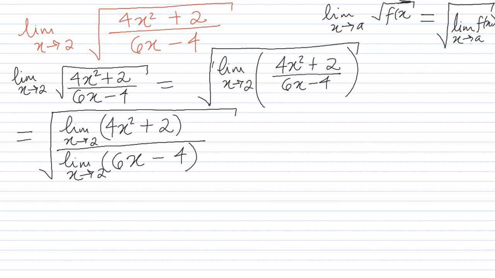And when I applied it, I realized that our actual function enclosed in the square root is a fraction. So therefore we can apply the quotient rule. First we're applying the limit law that involves a root, then we're applying the limit law that involves the quotient rule, which is basically whenever you have a function that is a fraction, right?